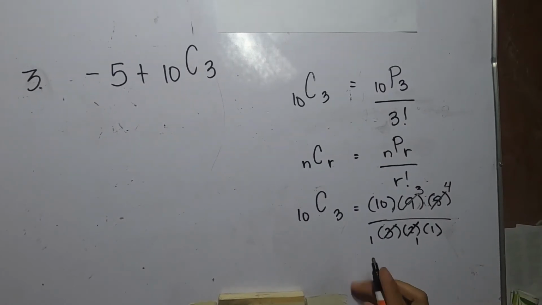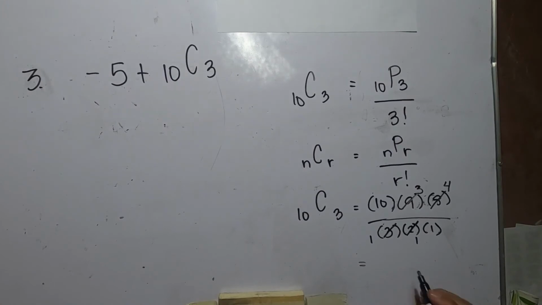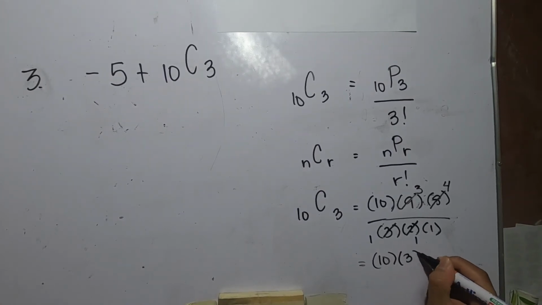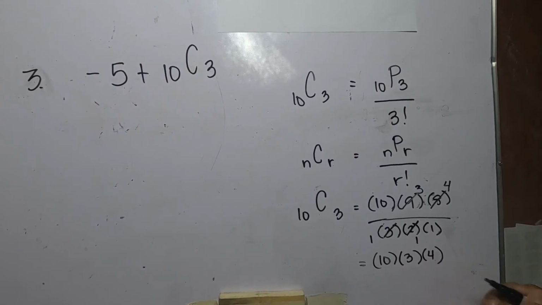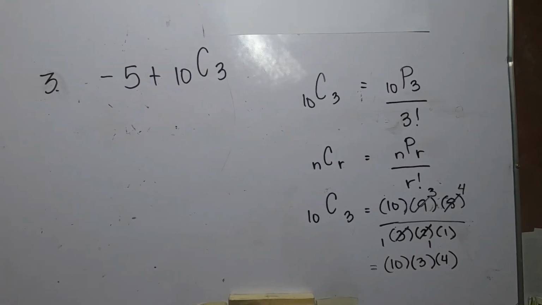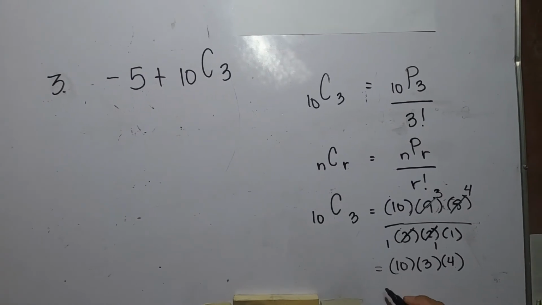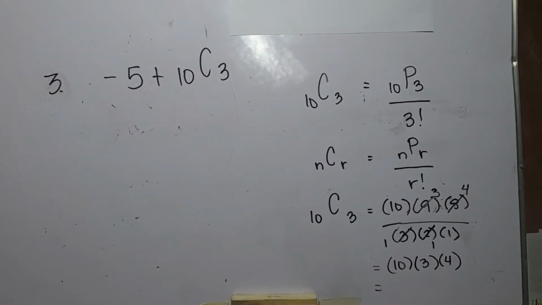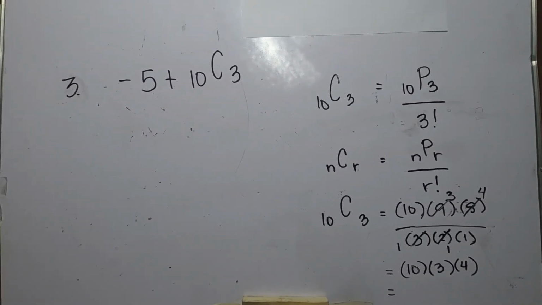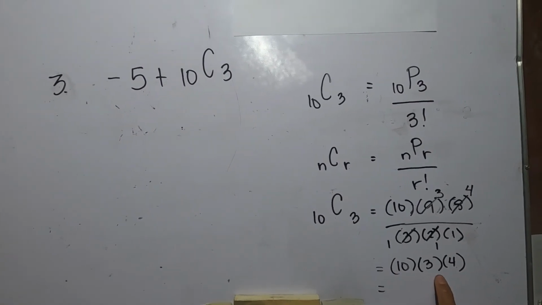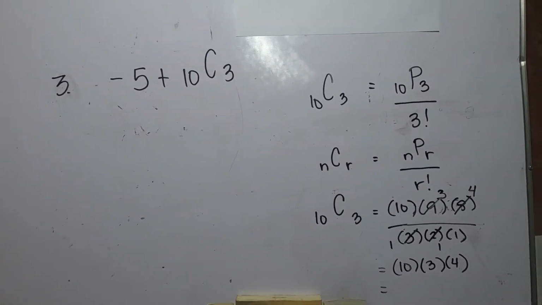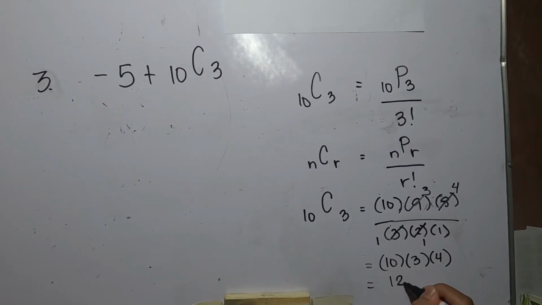So we can simplify combination of 10 taken 3 as 10 multiplied by 3 multiplied by 4 divided by 1. So, combination of 10 taken 3 is equal to 10 times 3 is 30 times 4 is equal to 120.